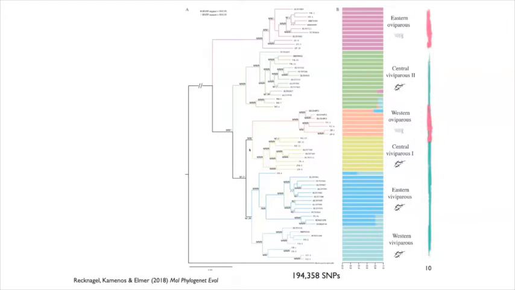And so actually this is another project that we're working on right now, looking at differences between these two oviparous lineages. And today I'm going to speak about the study focusing on the eastern viviparous and the central viviparous too.